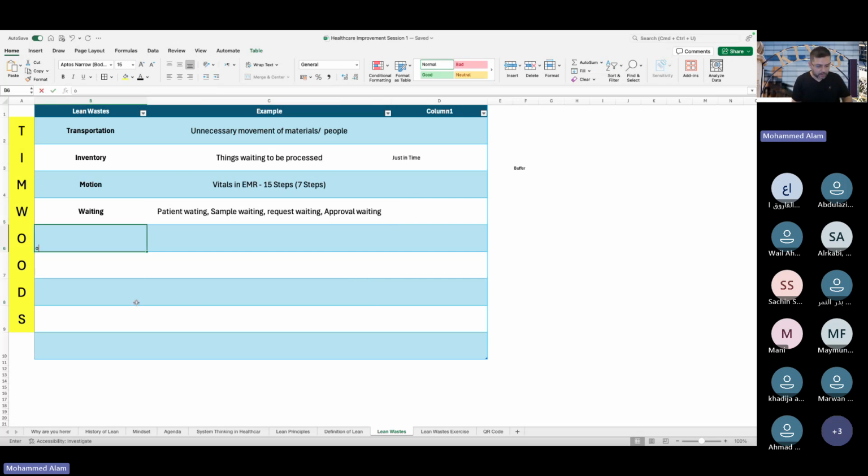Then we have overproduction. What is overproduction waste in healthcare? Pre-cooked meals, I'd say.